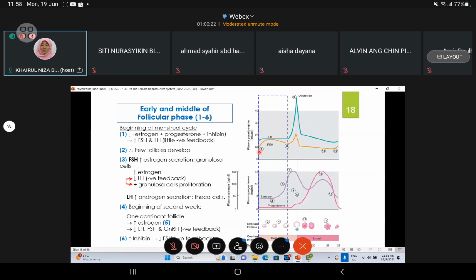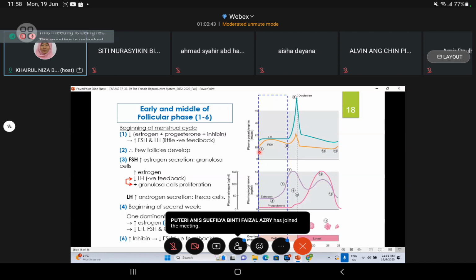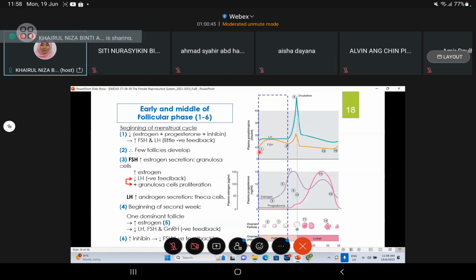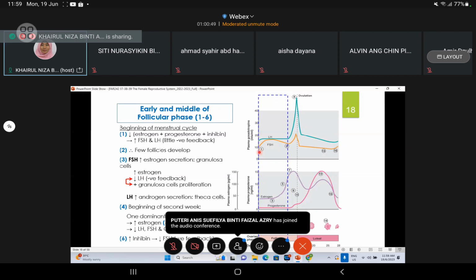So estrogen and progesterone have very little negative feedback effect at this moment, because they're secreted at very low levels. And this lets the hypothalamus and pituitary release LH and FSH.